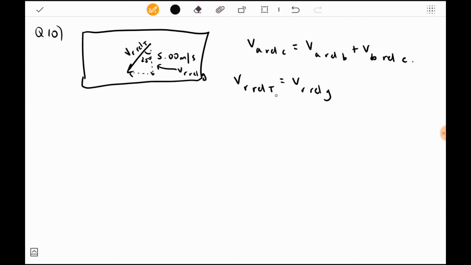And so this component must be, to end up with this, vector signs here so we don't get confused, plus V G rel T. So what does this mean? This means this is the velocity of the ground relative to the train.